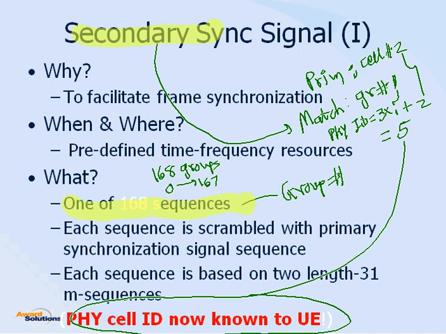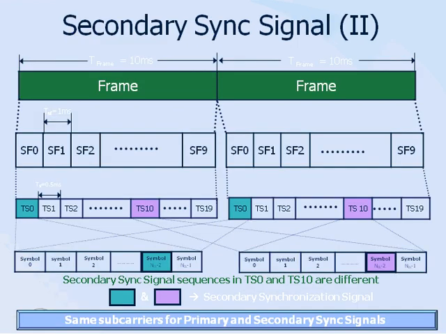Now how do we generate the sequences? For the 168 sequences, we basically have random number generators, and those 2 random number generators will create a PN sequence, random sequence, so-called M sequence. And that's how we figure out the secondary sequence, which is associated with the cell group number. And just like we find the center 72 subcarriers for primary signal, same way those subcarriers will also carry the secondary signal.